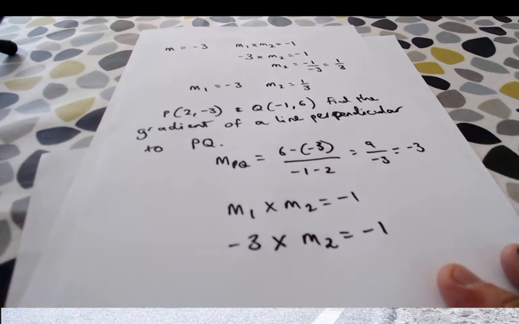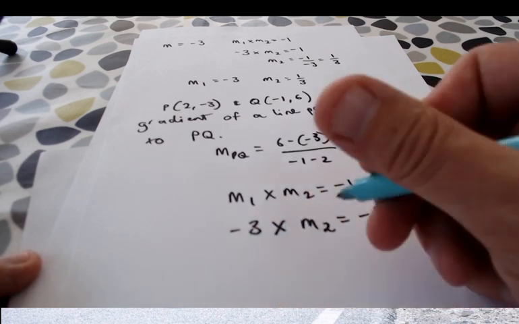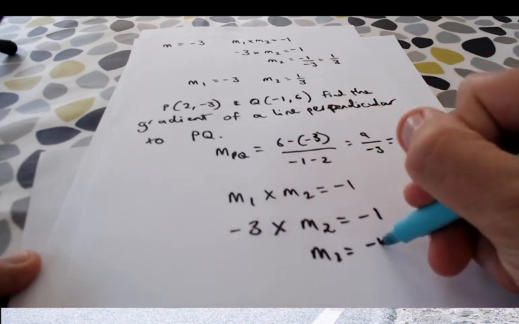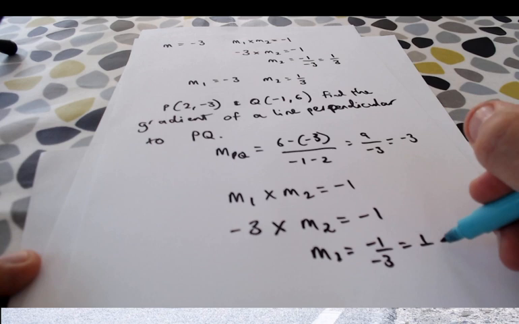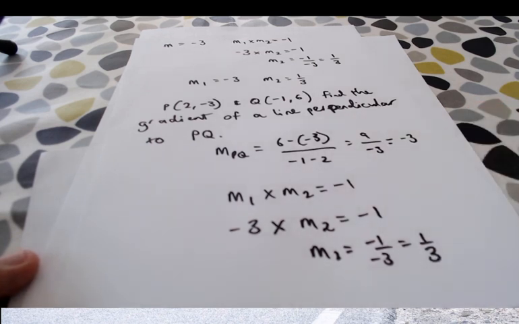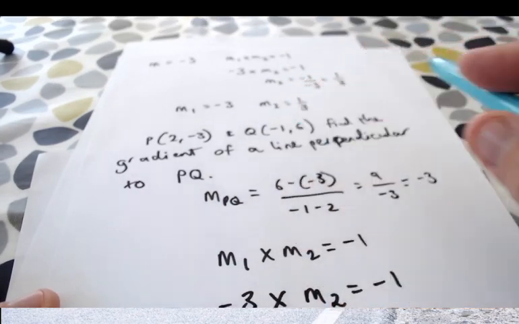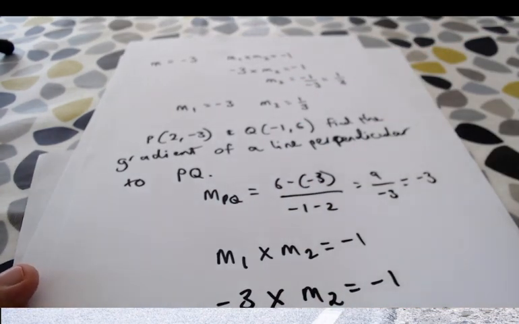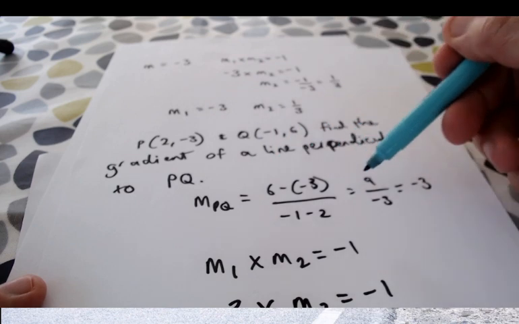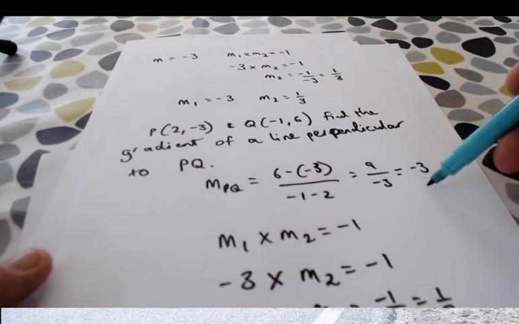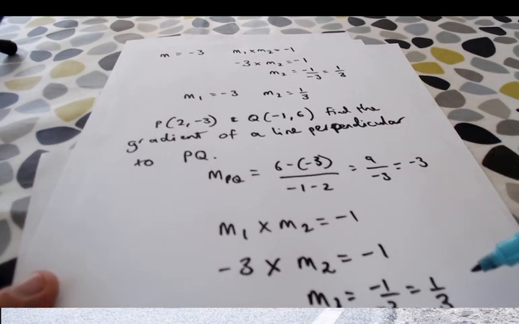So I'm trying to get m2 by itself, so I get rid of that to the other side, and I get a gradient of 1/3. So the question was, you're given P and Q, you have to find the gradient of a line perpendicular to PQ. So the first thing you need to do is get the gradient of that line, and then we're going to do a perpendicular gradient.